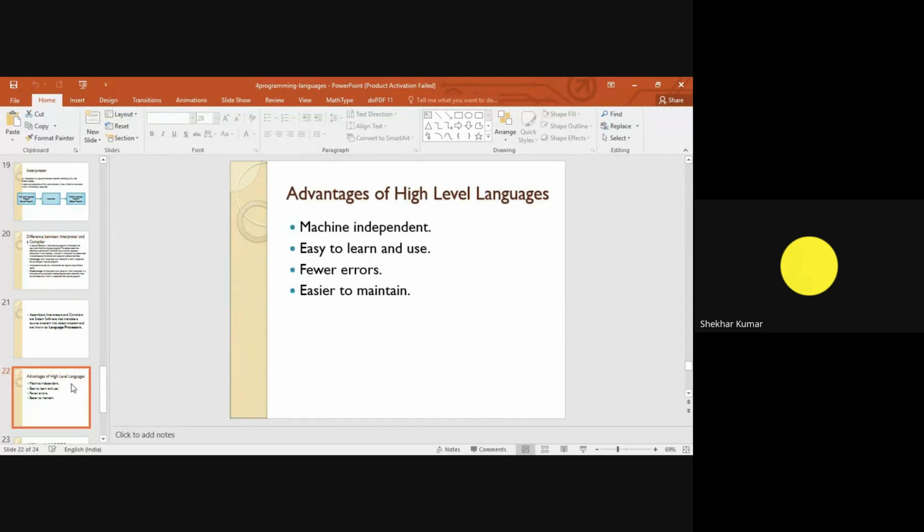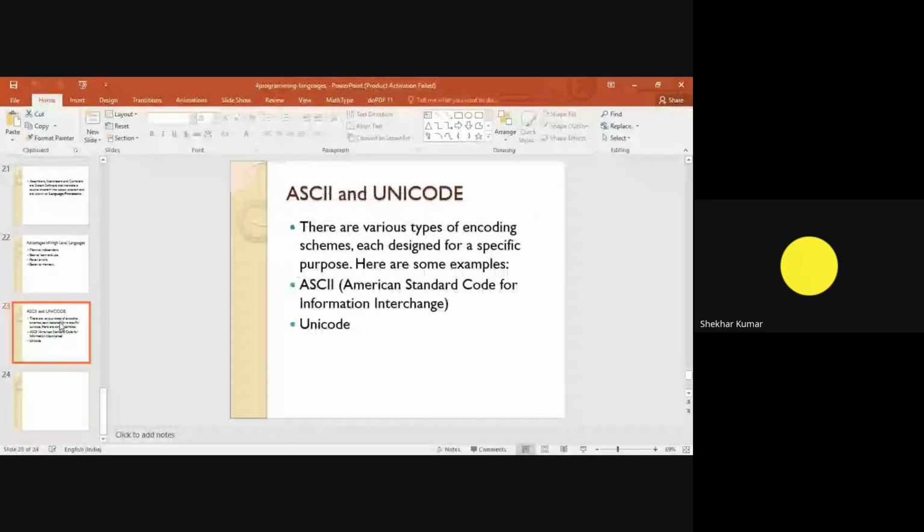Next is your, one student has also written that he wants to know about ASCII code and Unicode. So there are various types of encoding schemes that are designed for a specific purpose.